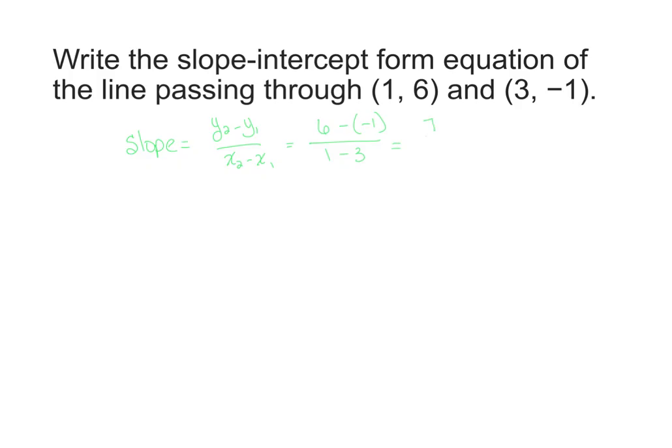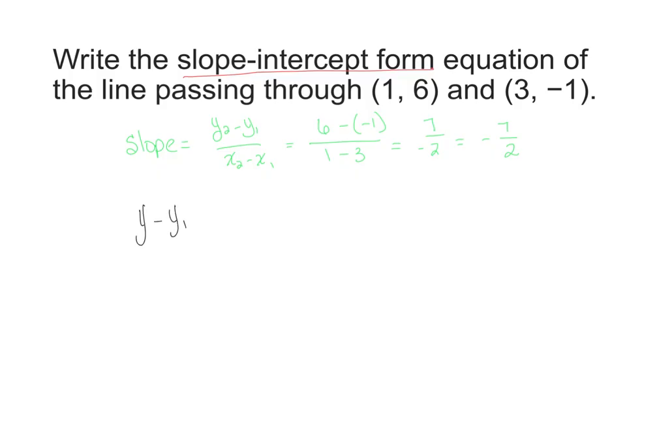In this case, 7 over negative 2, or negative 7 halves. Once we have our slope, we want to then put it in slope-intercept form as we have been instructed. So we can choose either point to do this, and we are going to use our point-slope formula as well.